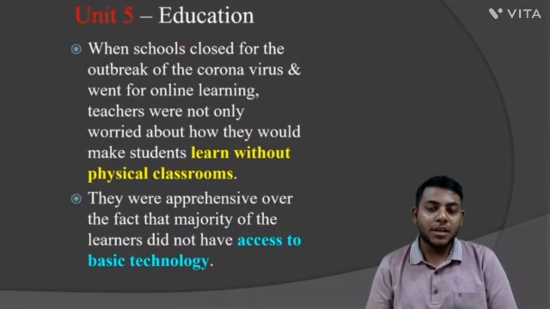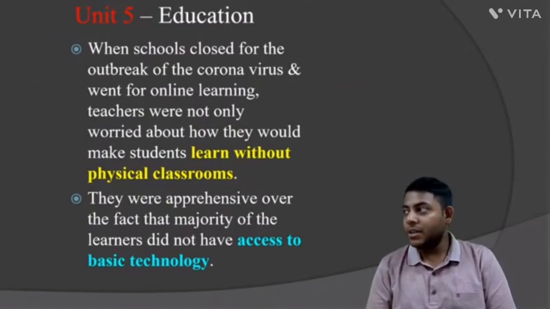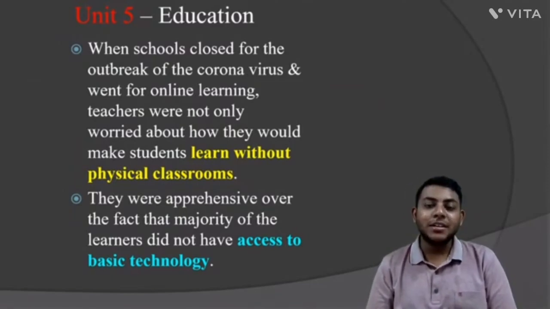So Article 21A has made the right to education between the age of 6 to 14 years a fundamental right. This was done by the Atal Bihari Vajpayee government in the year 2002 through the 86th Amendment Act.